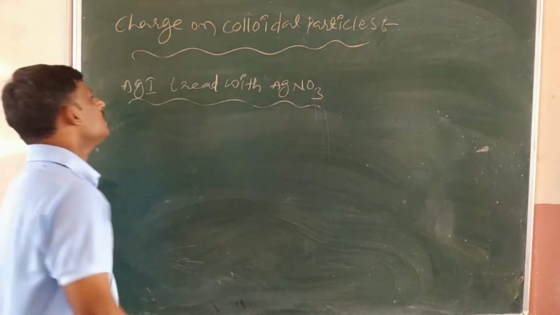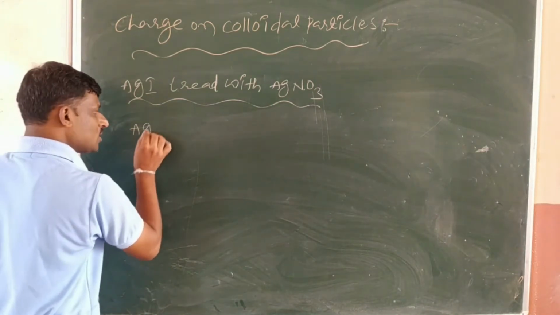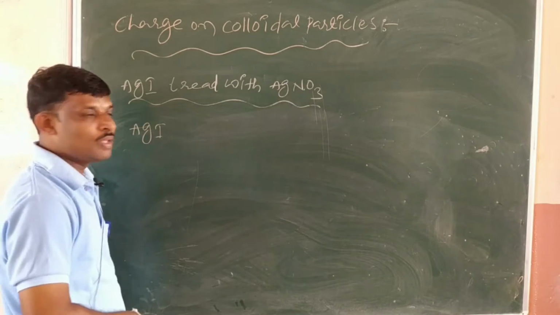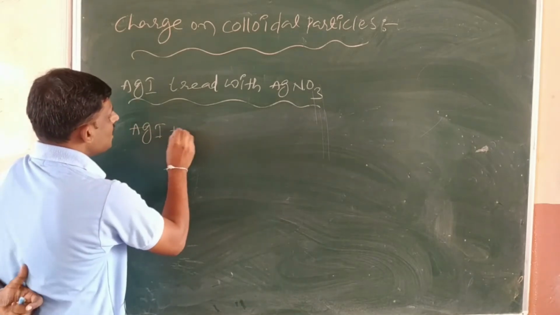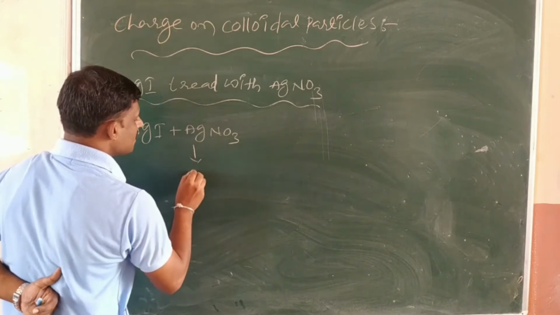When AgI is treated with AgNO3, which sol is forming, negative or positive? Here, the common ion is Ag plus.